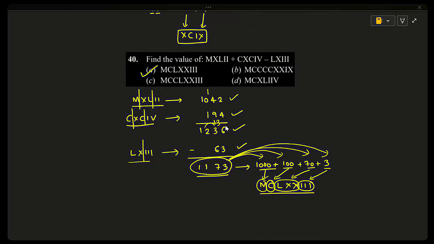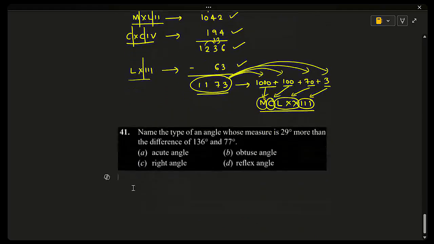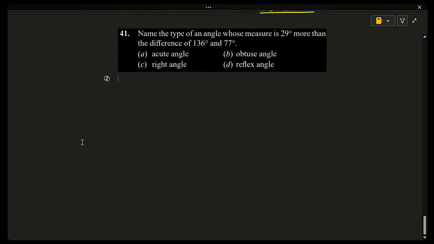41st question. Name the type of an angle whose measure is 29 degrees more than the difference of these two, 136 and 77. So first we have to find the difference of 136 and 77. Let us subtract them. So we're going to get 16 minus 7 is 9, and this is going to be 12.